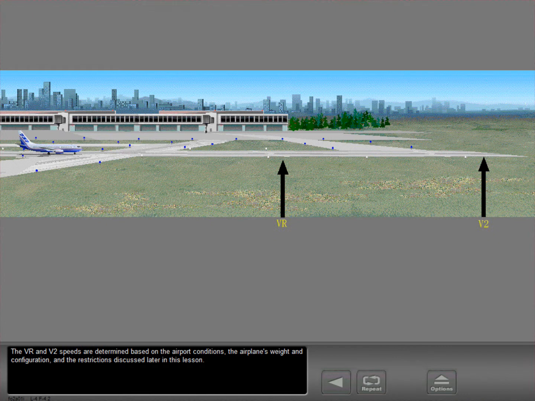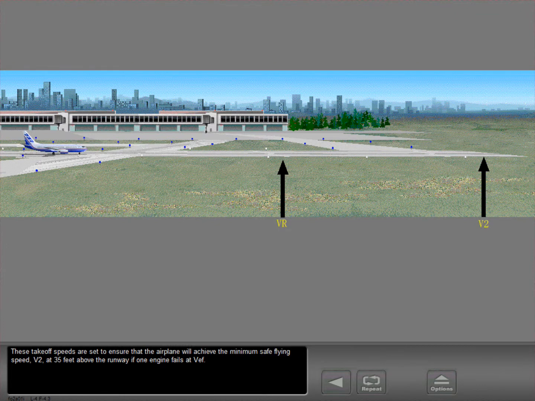The other two takeoff speeds are VR and V2. The VR and V2 speeds are determined based on the airport conditions, the airplane's weight and configuration, and the restrictions discussed later in this lesson.